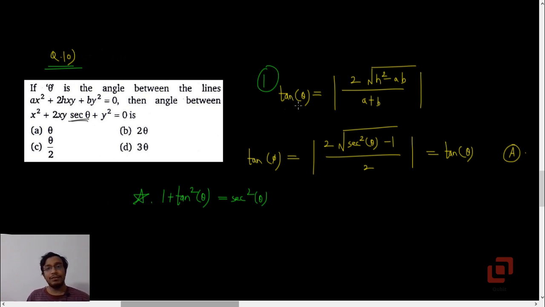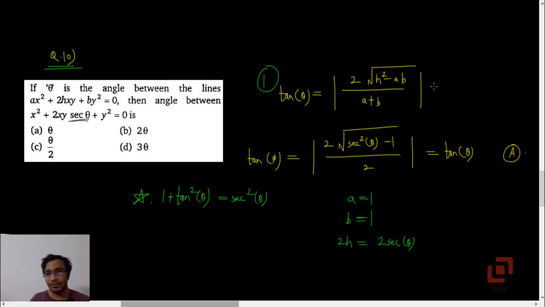Okay, so we will first write down the formula tan theta equal to mod of 2 root h squared minus ab upon a plus b, and now we will substitute the values of a, b and 2h from the second equation. Now don't forget that in the second equation 2h is not 2, 2h is 2 sec theta, so h is sec theta.